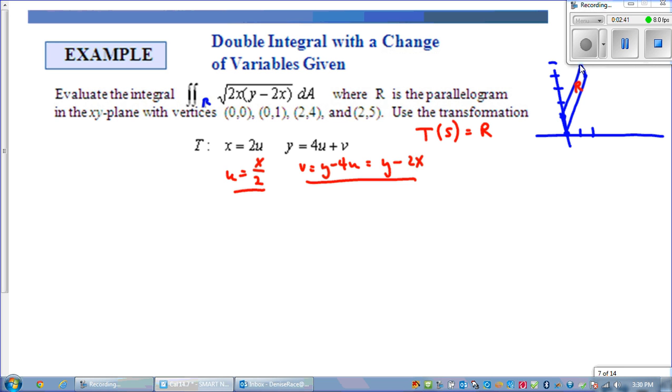So now, to find the region S, I'm going to take the points 0, 0, 0, 1, 2, 4, and 2, 5, and find the corresponding UVs. Now, we could take the whole segments, each of those sides of that parallelogram, and look at how they're transformed.